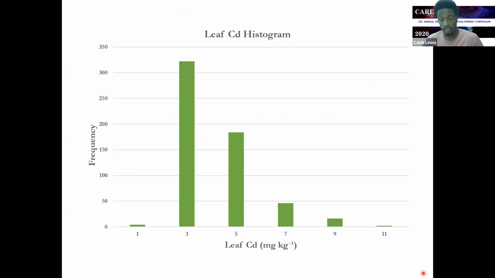In this study, we've shown a similar range of cadmium concentrations in cocoa at the gene bank. Cadmium concentrations varied from 1 milligram per kilogram to 7 milligrams per kilogram. Some accessions were higher, but the majority of the 500 plus accessions that we sampled varied between 1 to 7 milligrams per kilogram in leaf cadmium concentrations.